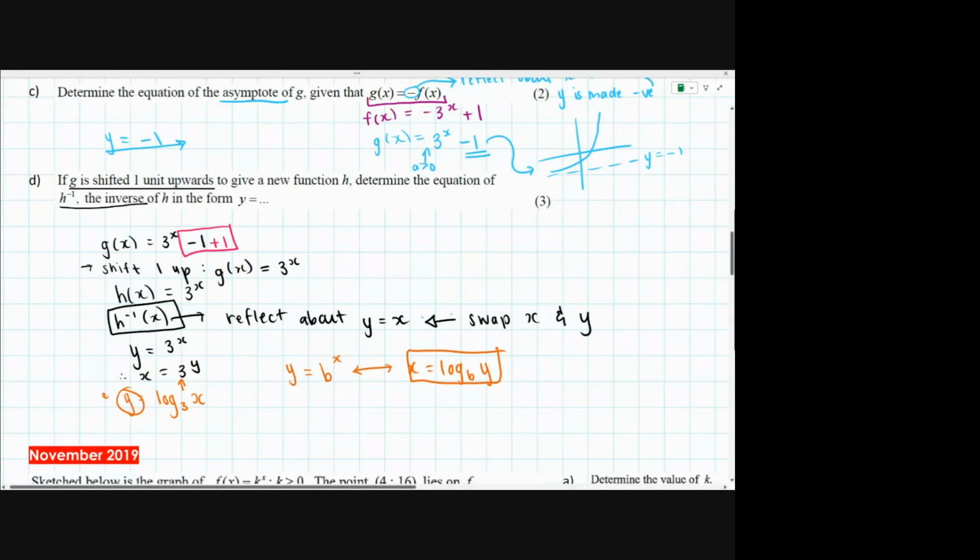Obviously, if you can do all of that in your head without the long-winded explanation, lovely. But you do need to be able to convert from exponentials to logs. Remember, your base is like a subscript. So it's a small little base 3 or base 2 or whatever it is just below the log, and then your x value. There's no more exponents that we're working with when we convert to a log.